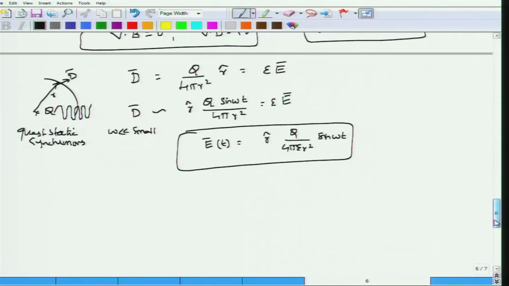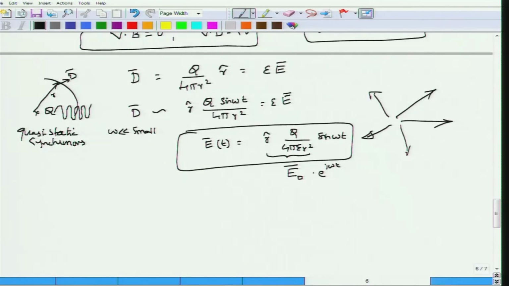The point to note here is that the electric field is radially outward. It might be changing with respect to time, that is, the magnitude of the electric field might be changing, but the direction of the electric field is all along the radial direction. In fact, this r hat q by 4 pi r square can be considered as some E0, the direction in which the electric field is pointing, and this sin omega t is nothing but the imaginary part of e power j omega t.